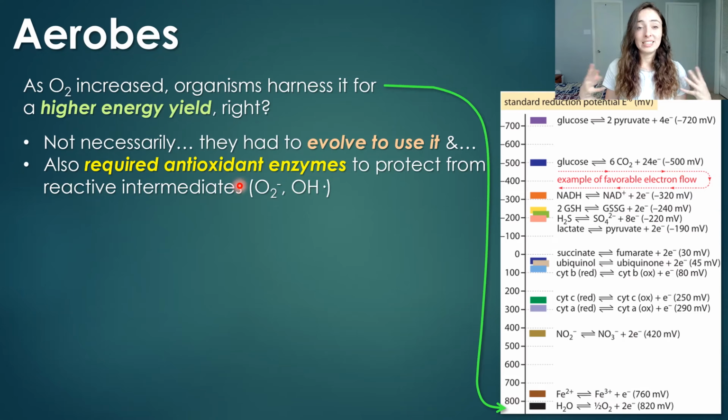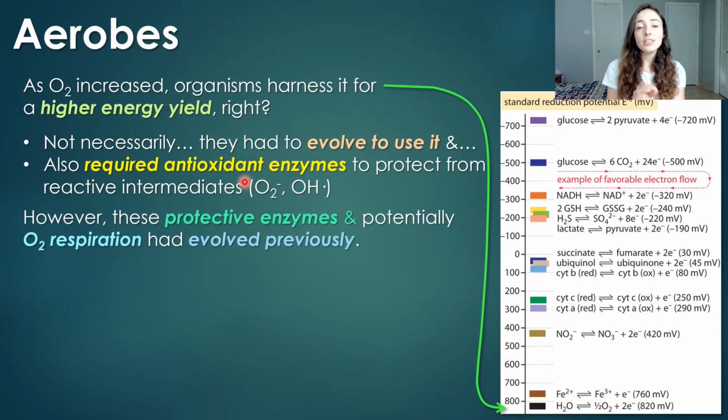We don't want these harmful intermediate products harming us. And neither did the organisms that first started using oxygen respiration. So they had to evolve antioxidant enzymes, which now we have and use in our bodies, and so does everything that uses oxygen respiration. However, as oxygen rose, these enzymes and this metabolism might have already evolved.